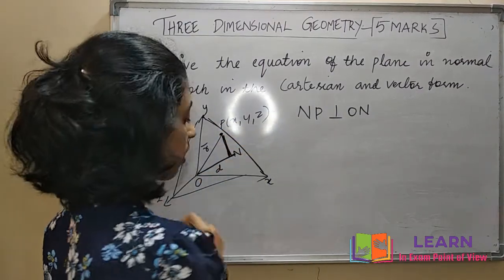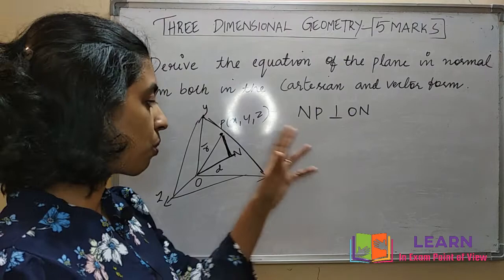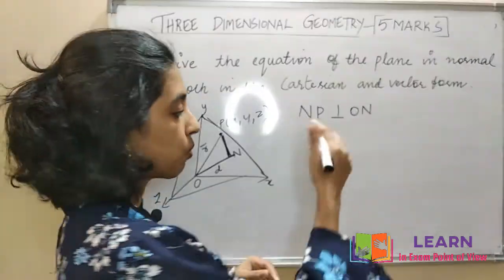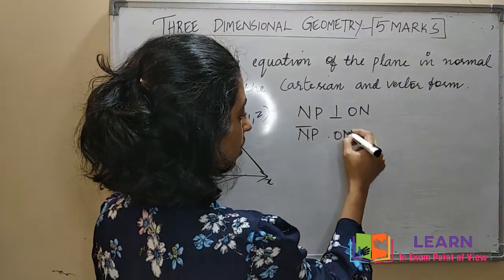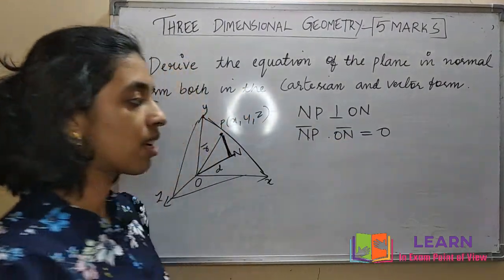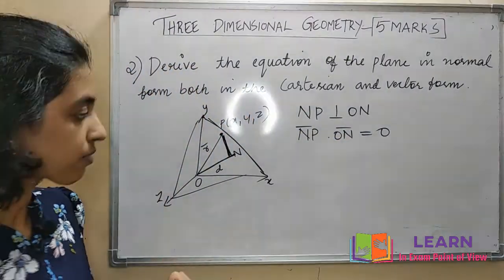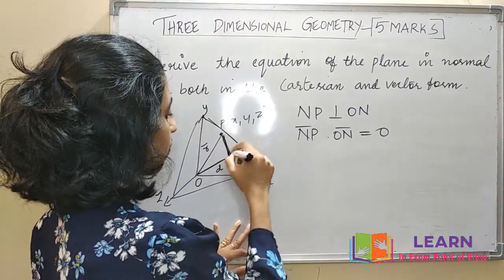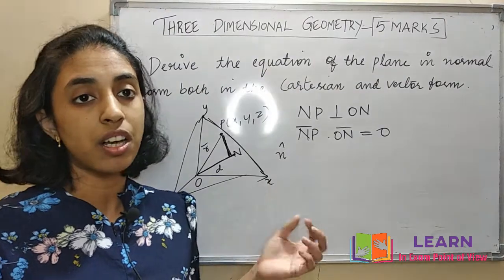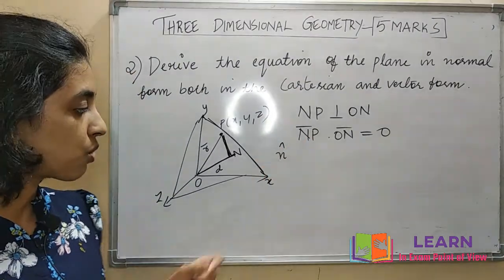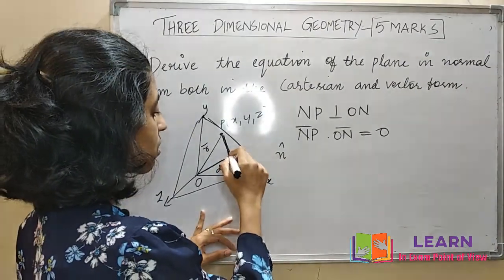If two vectors are perpendicular, their dot product is 0, so NP dot ON equals 0. Let n cap be the unit vector along ON.